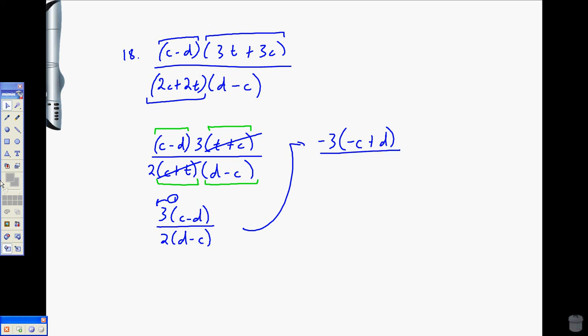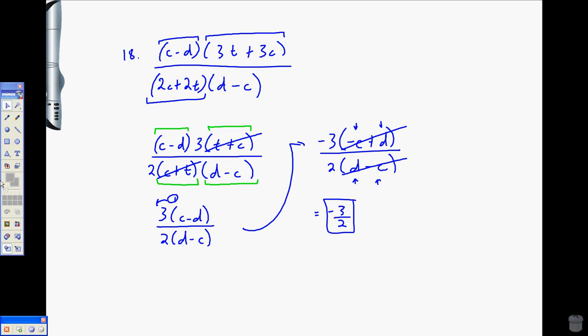Over, we haven't touched the bottom yet, so 2 times D minus C. Now you can see that the numerator and the denominator have the variables with the same sign. It's now a negative C and a positive D, and in the denominator it's also a positive D and a negative C. So that means they're identical. So we can cancel them out, and we're left with negative 3 halves.